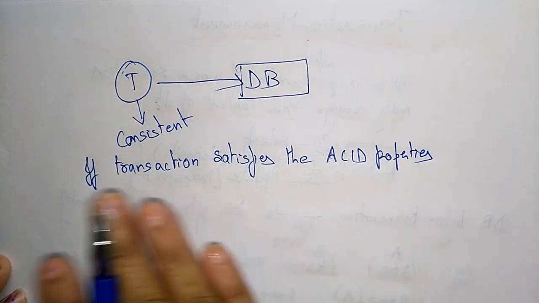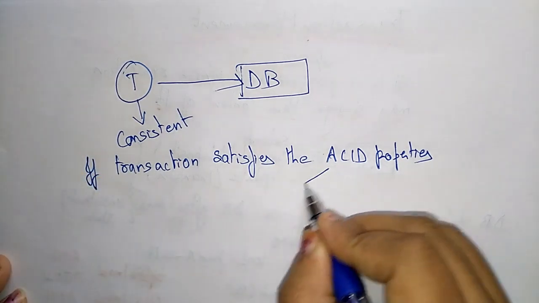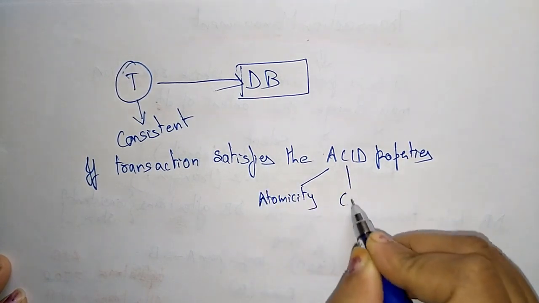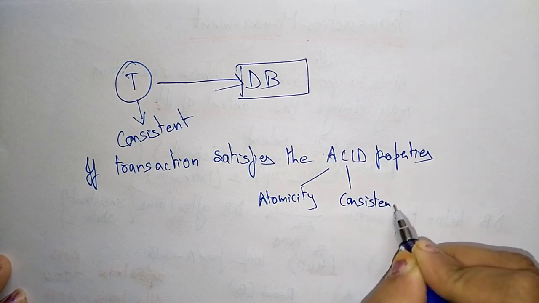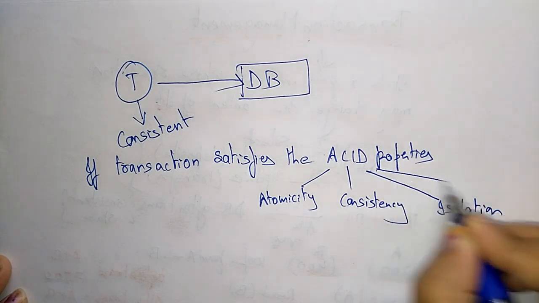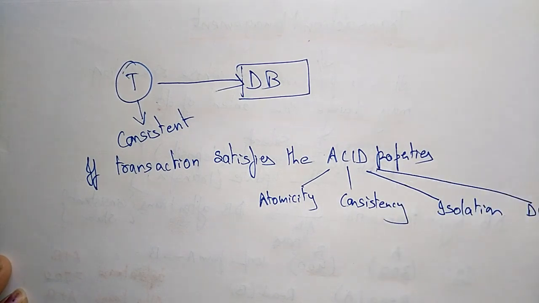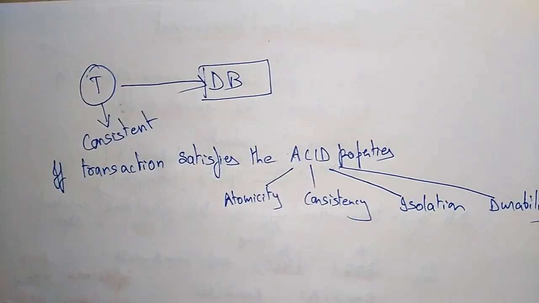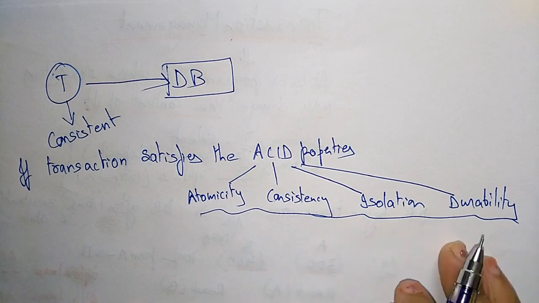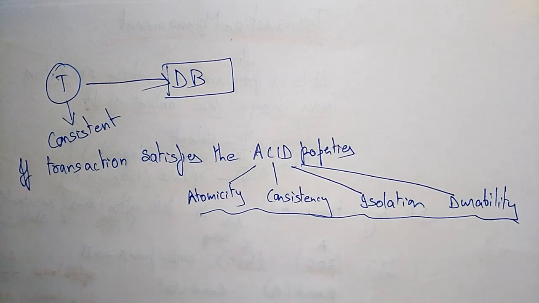If your transaction satisfies all the ACID properties, atomicity, consistency, isolation, and durability, these are the different ACID properties, then you can say that whatever transaction you are doing on the database is consistent and it keeps your database in a consistent state.